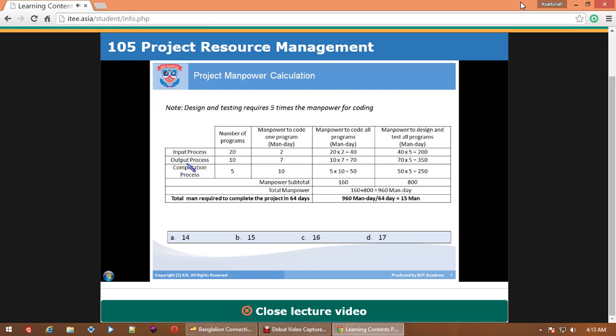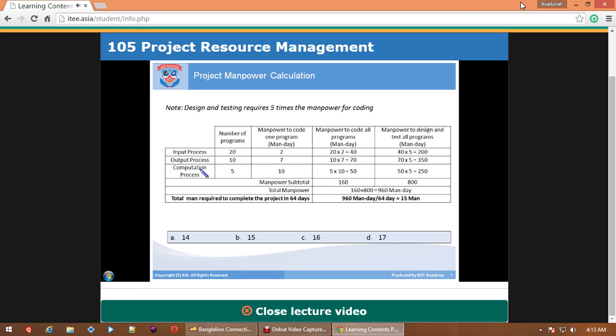Similarly, for the output process, we have 10 programs and coding 1 program needs 7 man days. So to complete coding these 10 programs, we need 10 into 7 equals 70 man days. For design and testing these programs, we need 5 times more, that is 70 into 5 equals 350 man days.